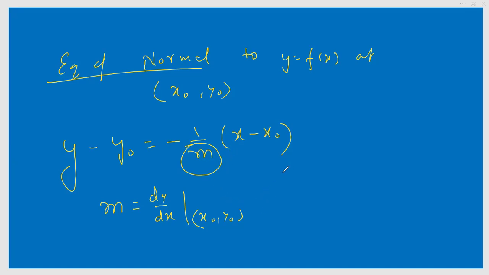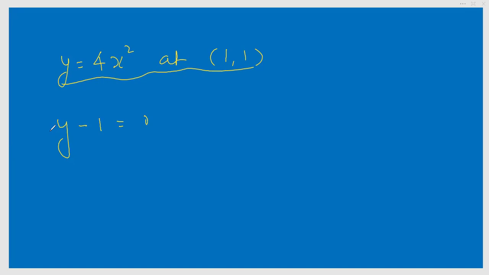Let us see one example quickly. Let's say the question says: find the equation of normal to y equals 4x squared at point (1, 1). We know that the equation of normal will be y minus 1 equals negative 1 by m times x minus 1.